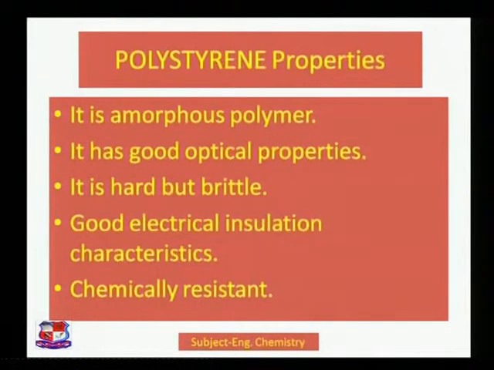When styrene molecules combine together by chemical reaction, it forms the polymer polystyrene. You can see here the properties: it is an amorphous polymer, has good optical properties, is hard but brittle, has good electrical insulation characteristics, and is chemically resistant. That is basically the polystyrene properties.